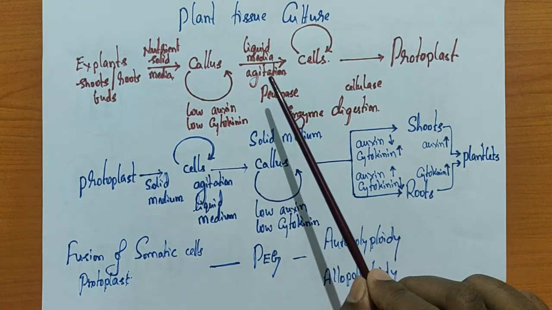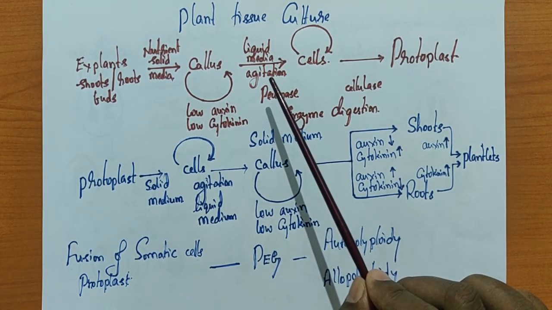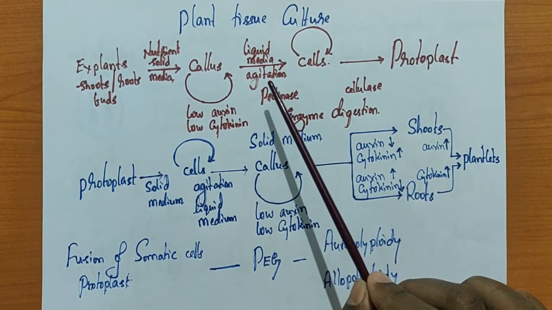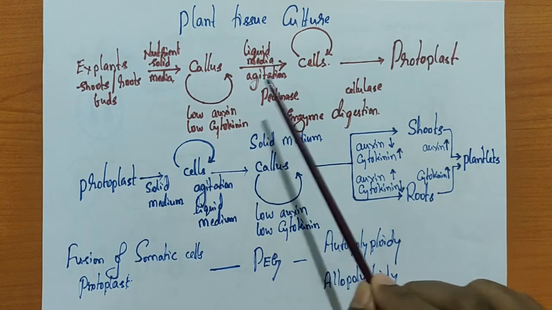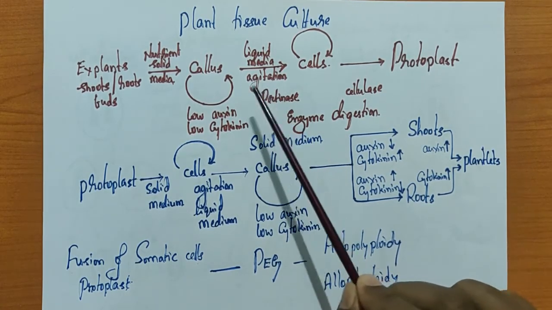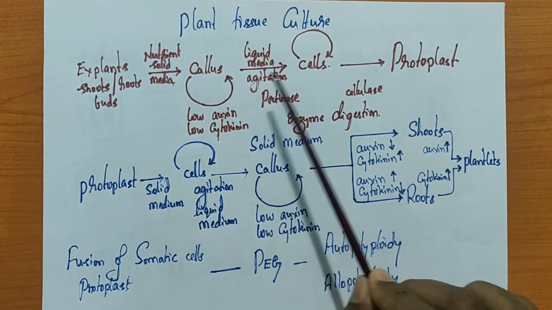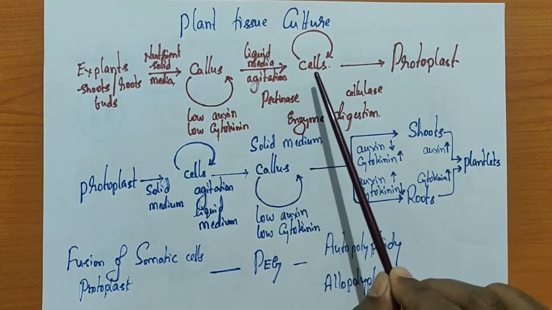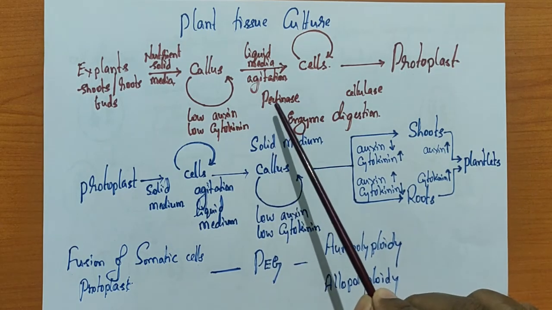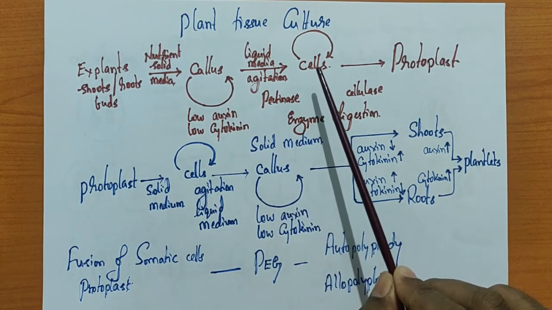the other material which holds these plant cells, like the extracellular matrix in the case of animal cells. We also have a lot of extracellular components holding these plant cells. In order to make these cells loose, we are going to use the enzyme pectinase, and we get the individual cells.